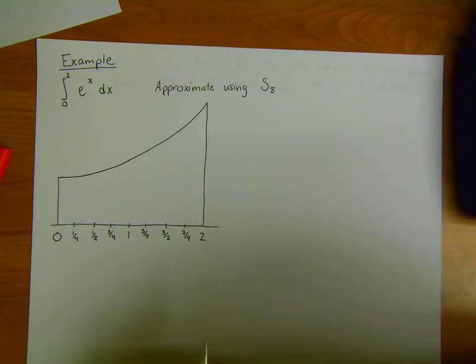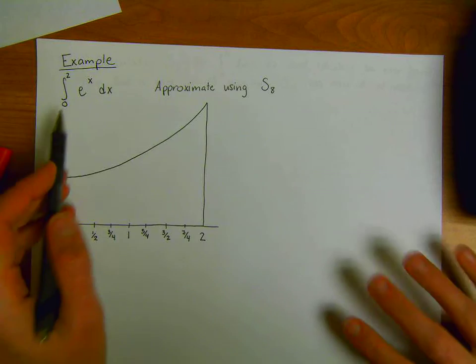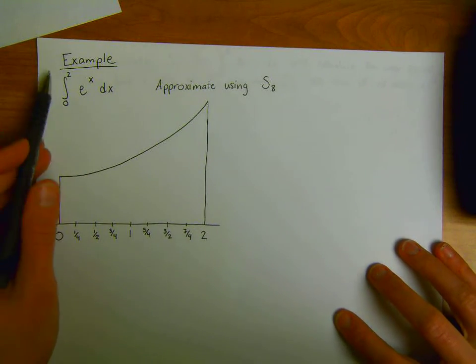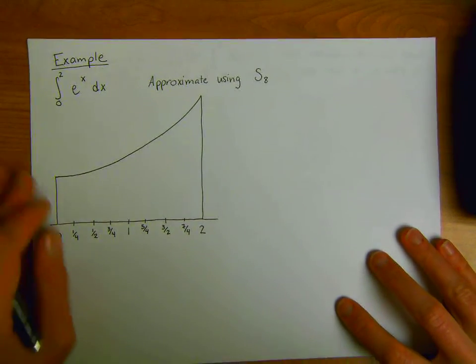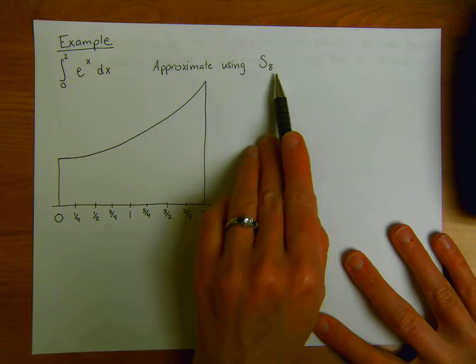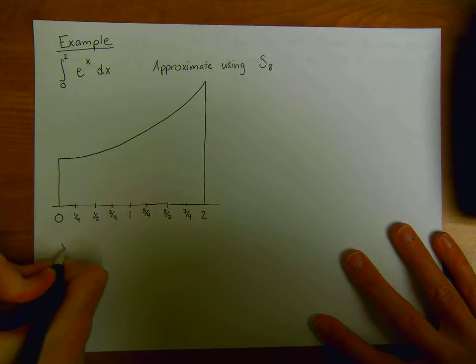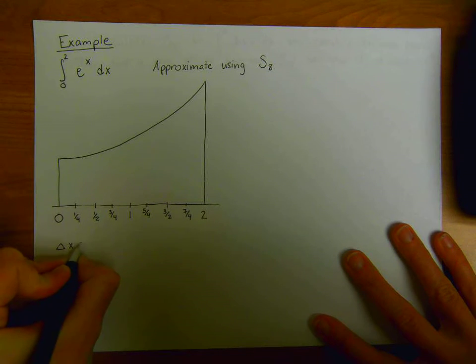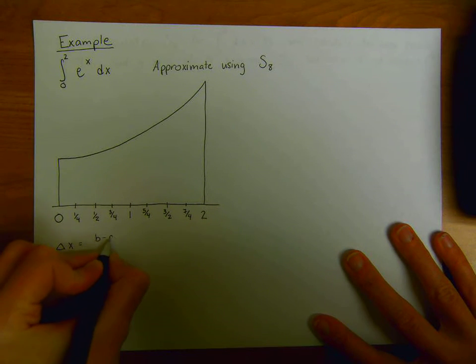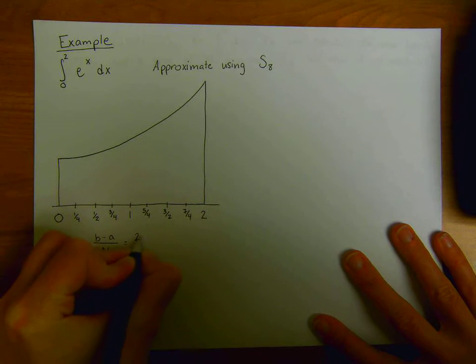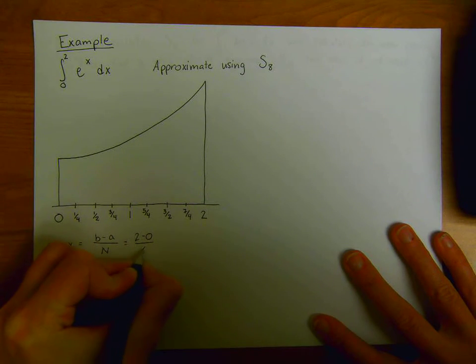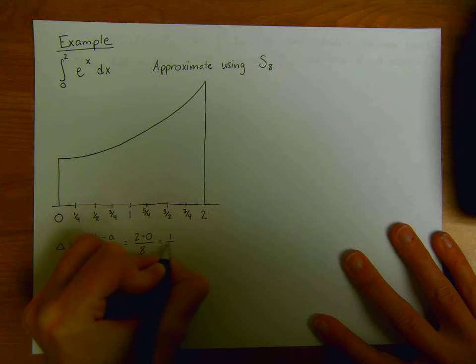Let's go ahead and look at an example. So we're going to approximate the integral from 0 to 2 of e to the x dx, and we're going to use S8. So I'm breaking this interval, maybe I'll even write it out. My delta x in this case is b minus a over n, which is 2 minus 0 over 8, which is a fourth.